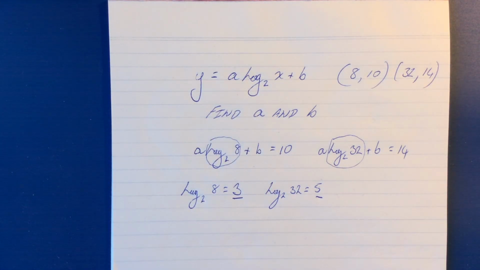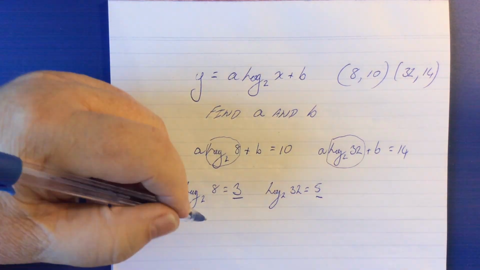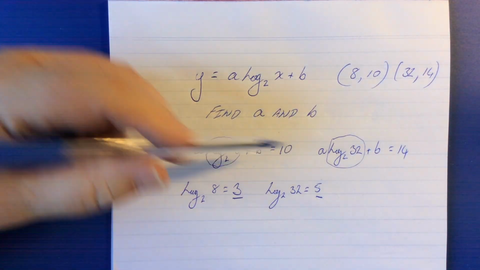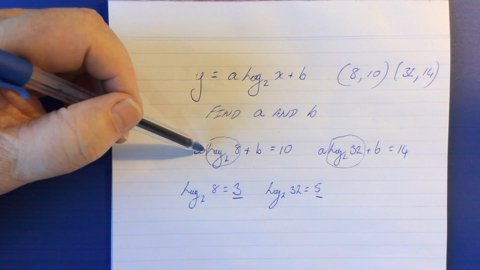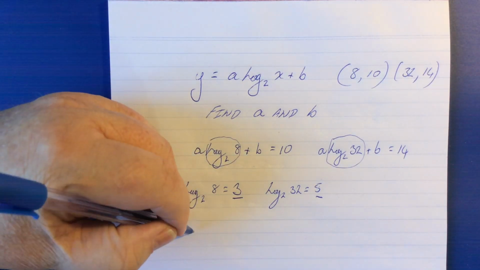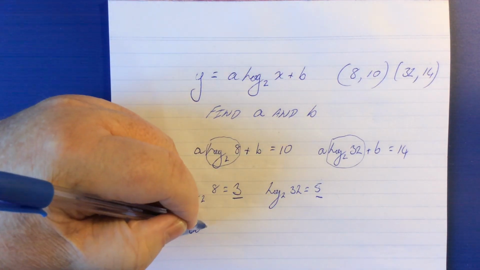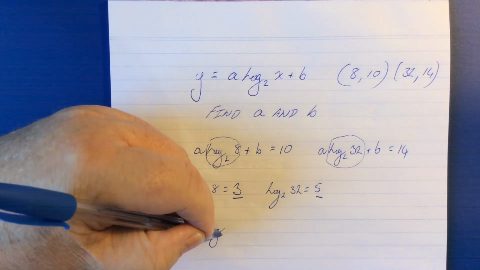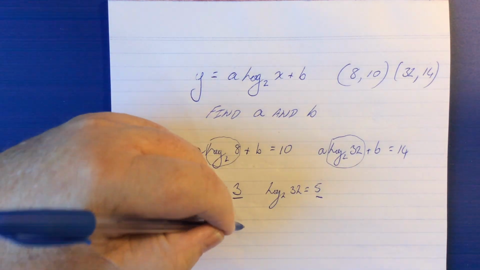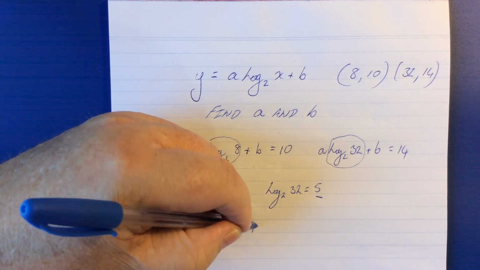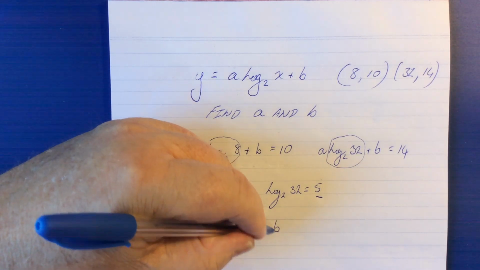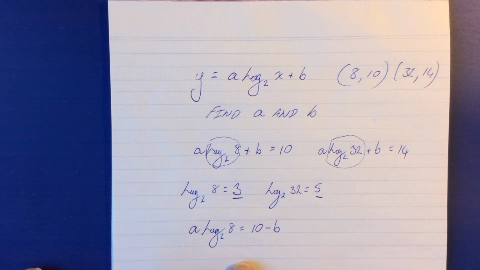Now, what else can I do to help myself here? Well, I can rewrite one of these. I've chosen to rewrite this, and I'm going to keep the log expression in here just for a moment. So, as you can see, I've very slightly rearranged this.